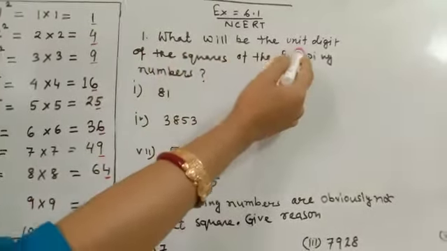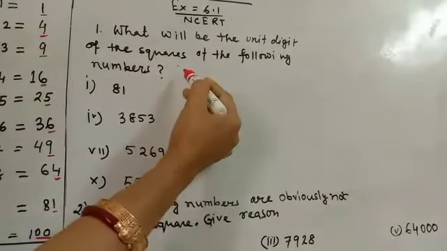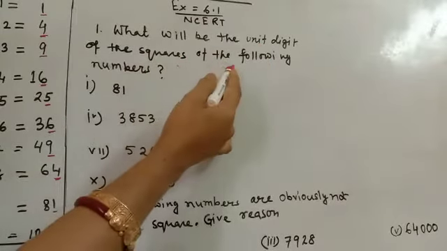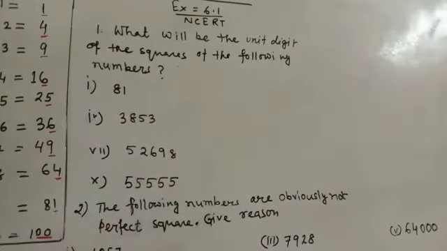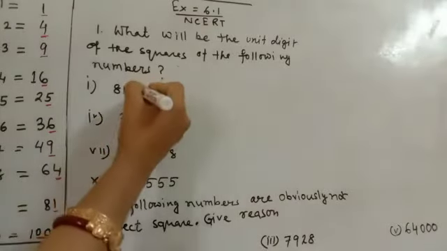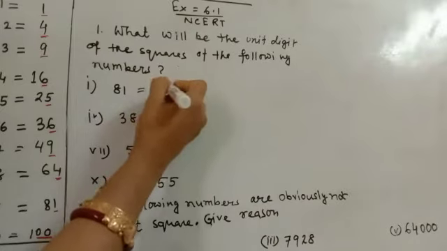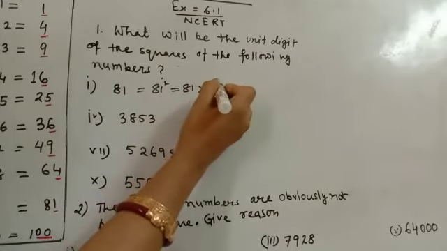What will be the unit digit of the squares of the following numbers? Unit digit, that means the number is 81. As the number is 81, its square will be 81 square, that means 81 into 81.